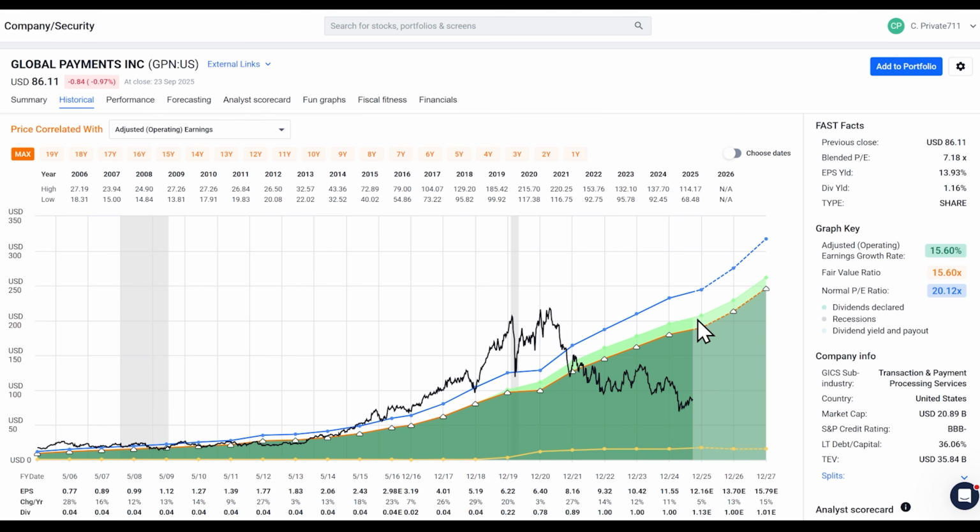So the competitive positioning, this is research I gathered as I studied the company. While Visa and Mastercard dominate the global payment landscape, GPN differentiates itself through integrated merchant solutions and a broader suite of technology and software offerings, including point of sale and embedded payments.